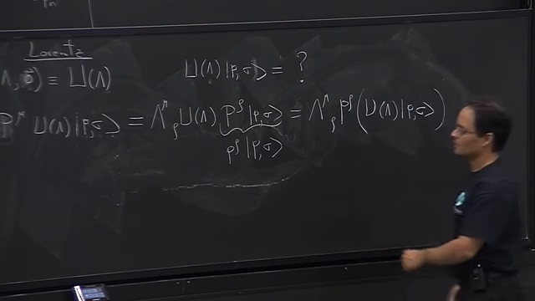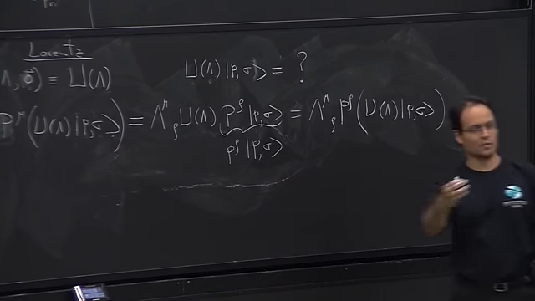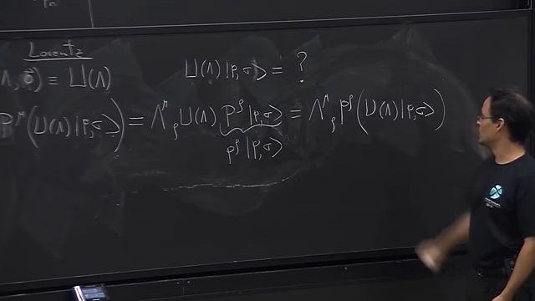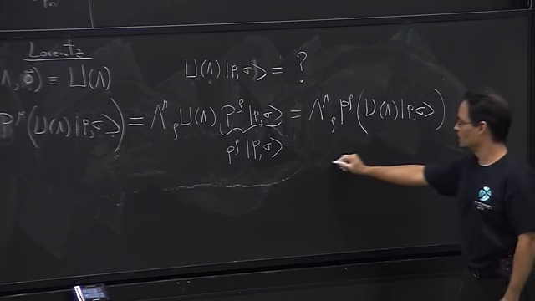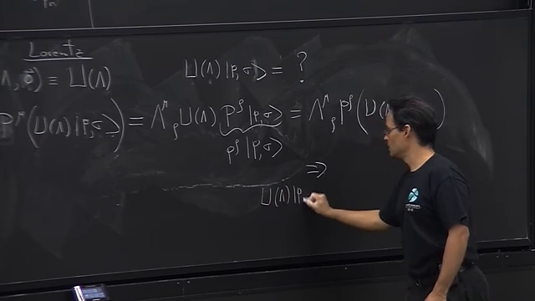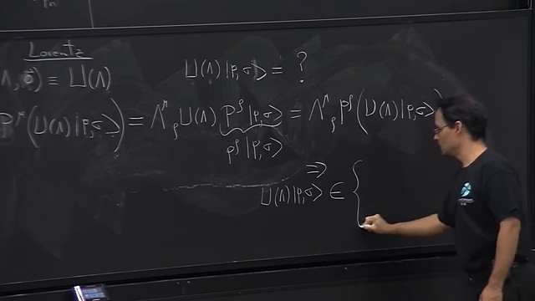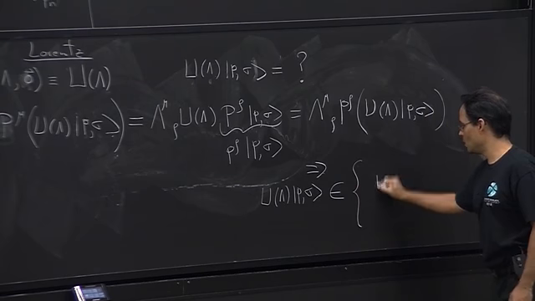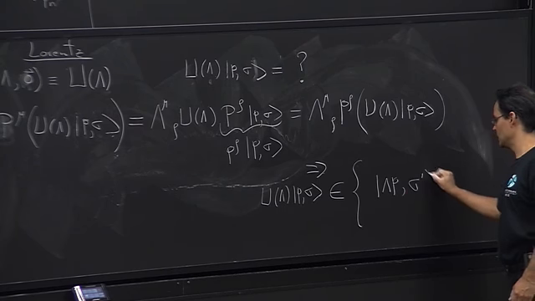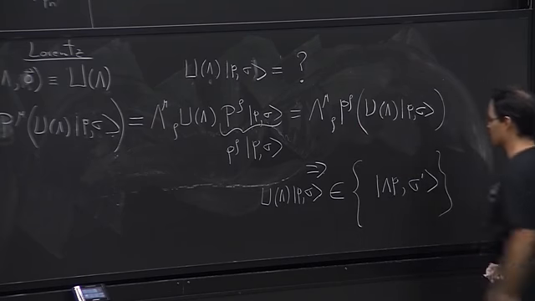That means that this state must live in the subspace of the Hilbert space of particles with momentum lambda p. So this implies that U lambda P sigma lives in the space spanned by all vectors of all one particle states that have momentum lambda p, because that's their eigenvalue.